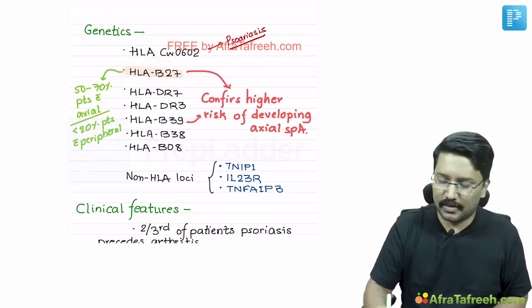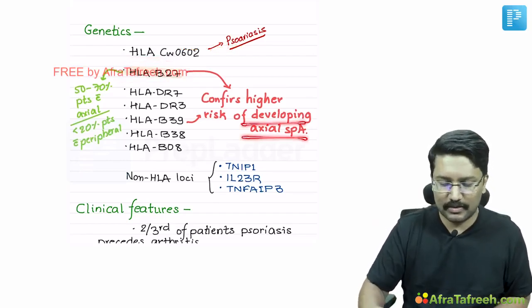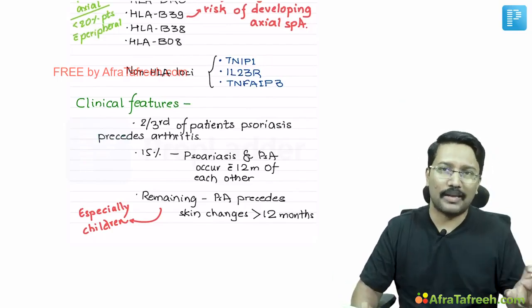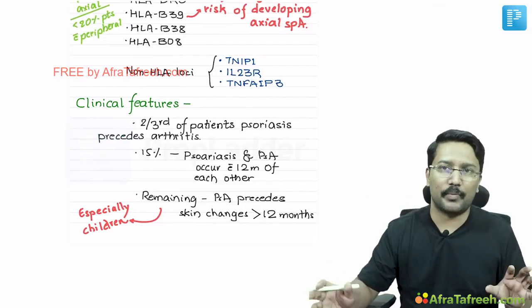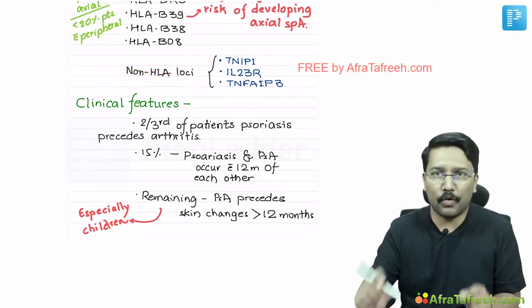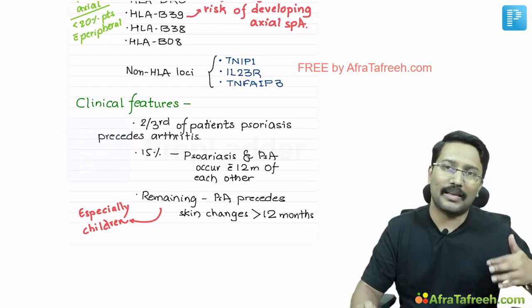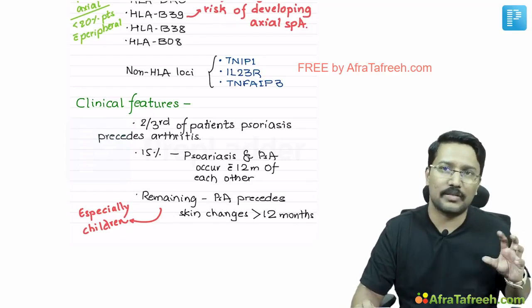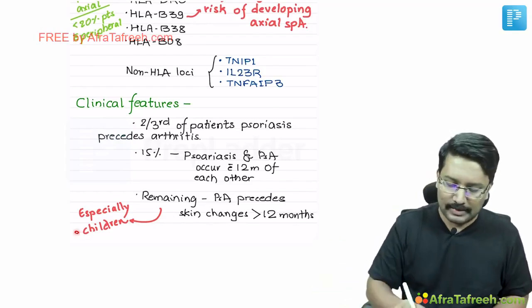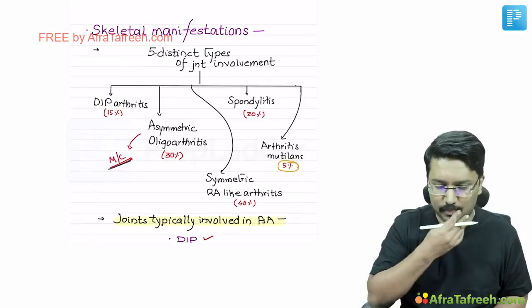Positivity correlates with the risk of developing axial spondyloarthritis. Right? And in terms of clinical features, psoriasis occurring first and then psoriatic arthritis developing later is the commonest presentation, but nonetheless in some patients there can be co-occurrence, and in some cases it can predate. Right? First arthritis manifests and then psoriatic skin lesions appear. That is typically seen in children.